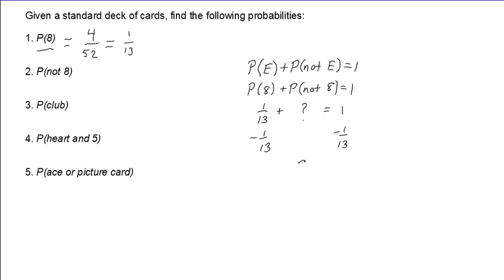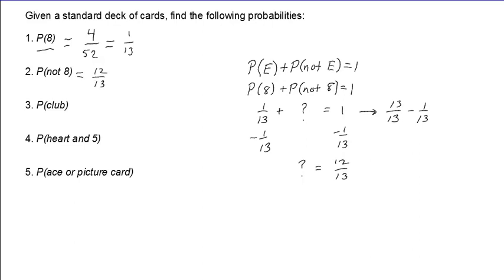My question mark is 1 minus 1/13, or 12 over 13. The way I got that is the number 1 is the same thing as 13 out of 13, minus the 1 out of 13. I know that fractions sometimes give us trouble. So the probability of not an 8 is 12 out of 13.